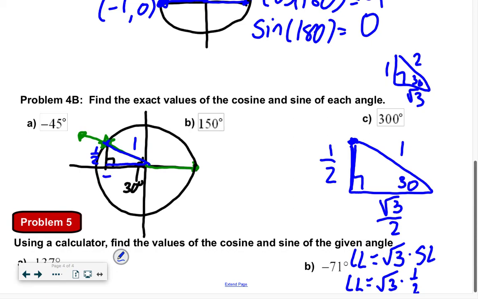Negative. So I have negative square root of 3 over 2. So this point that we're looking for has an x coordinate of what? Negative square root of 3 over 2. I go left for my x. What's its y coordinate? 1/2. I go up 1/2.